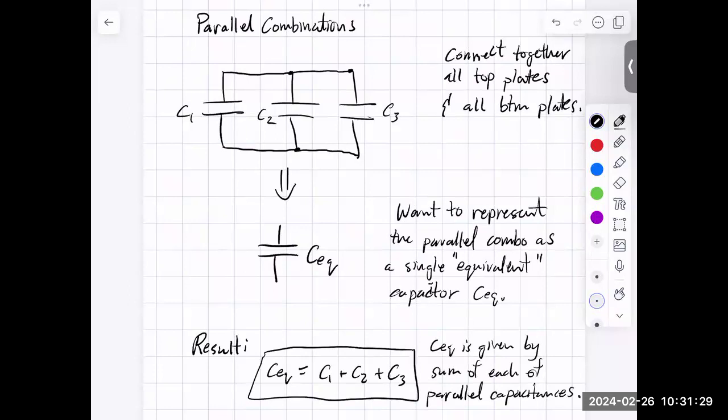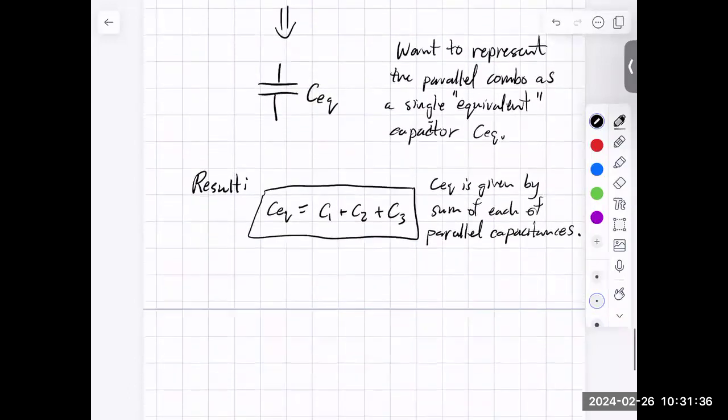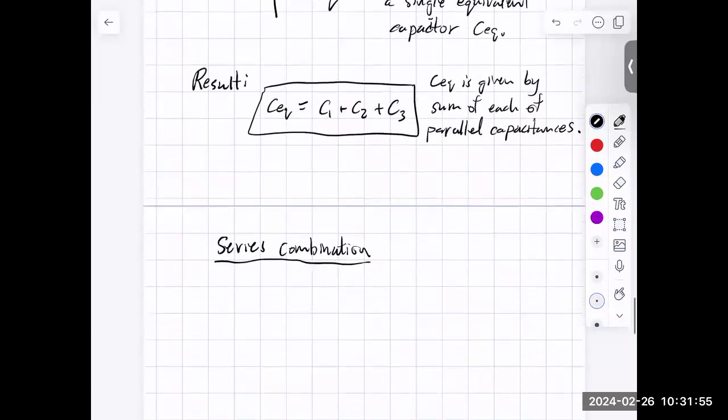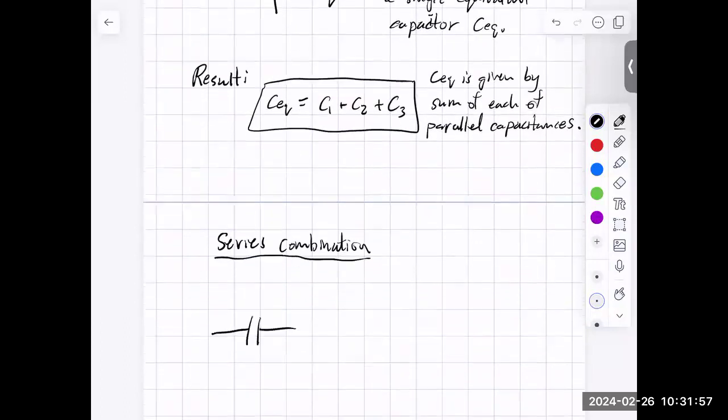Okay, there's one other way to combine our capacitors, and that is a series combination. This time, instead of putting all our capacitors side by side, with all the top plates at the top of the page and all the bottom plates at the bottom, we line them up in a row. Here's C1, here's C2, and here's C3.